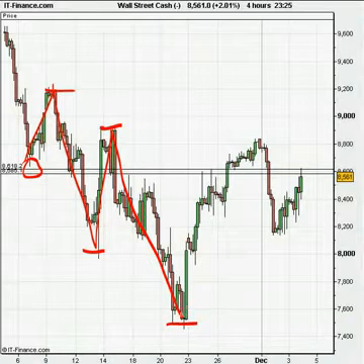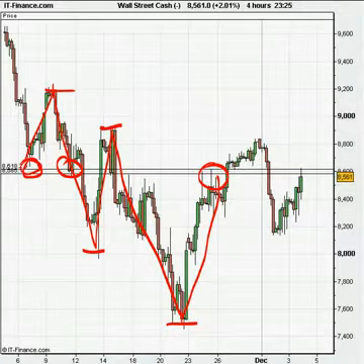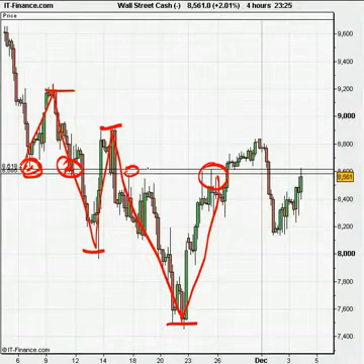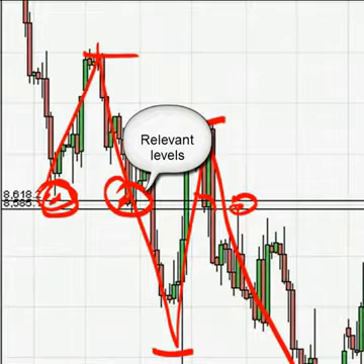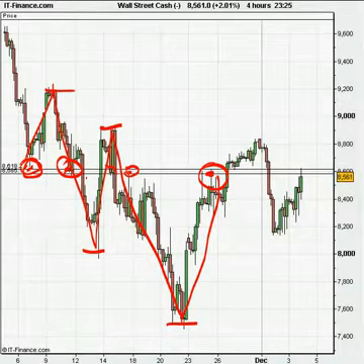Then you see the market retrace all the way back up to this point here, which coincides with the level here and here. See these levels right here? And then we have another relevance there. So this is just looking at an intraday chart and seeing the pointy bits and where the market's actually reacted. It might seem messy, but it's actually quite simple if you look at the logic behind it.